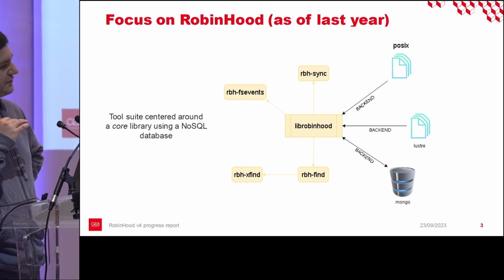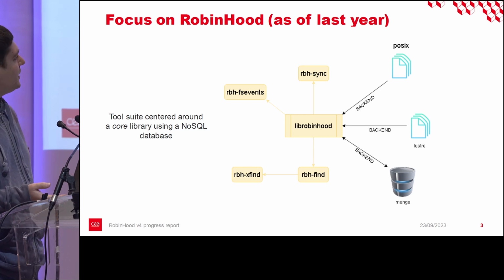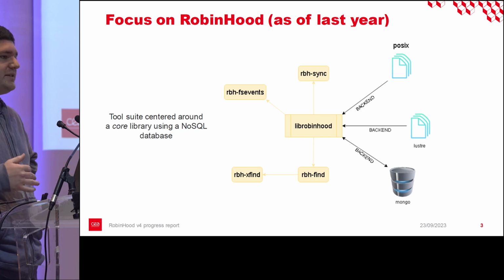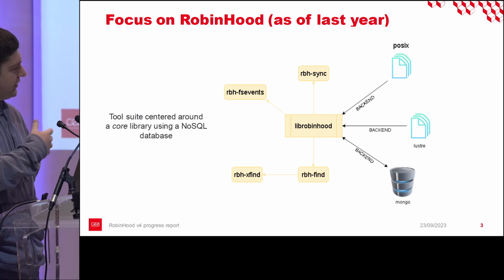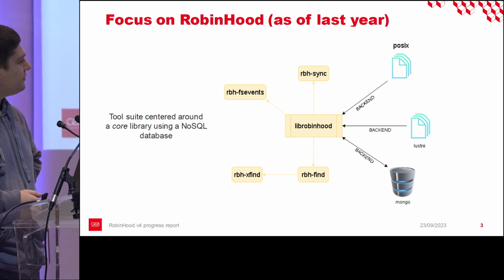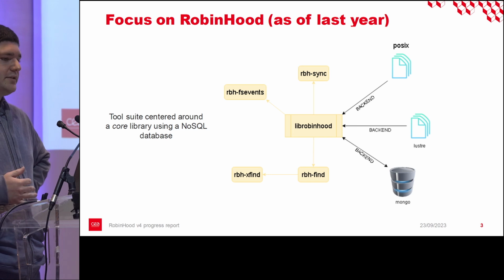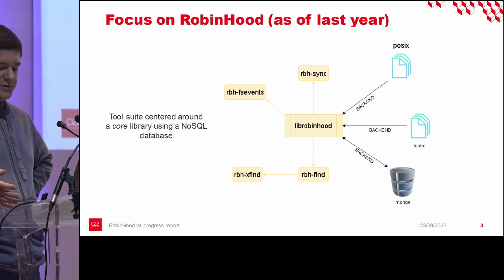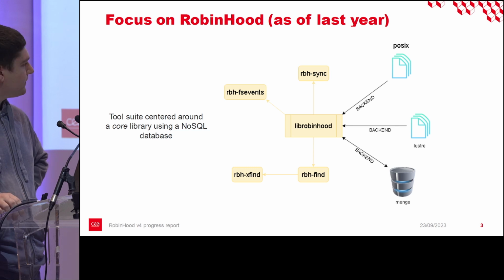On top of this core library are different tools that modify the behavior of the core library to interact with the backends. So we have RBH sync that will copy the metadata from a storage backend like Lustre to another backend, mainly here Mongo. We have RBH find to query said storage replica with special filters and return a series of entries.